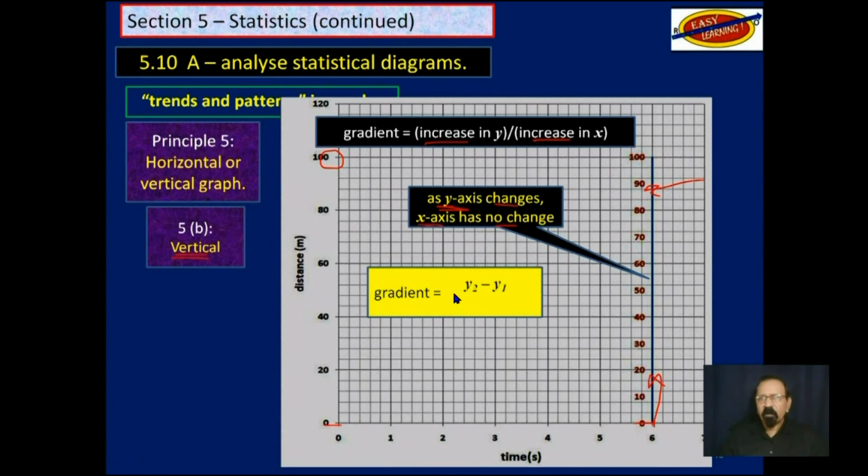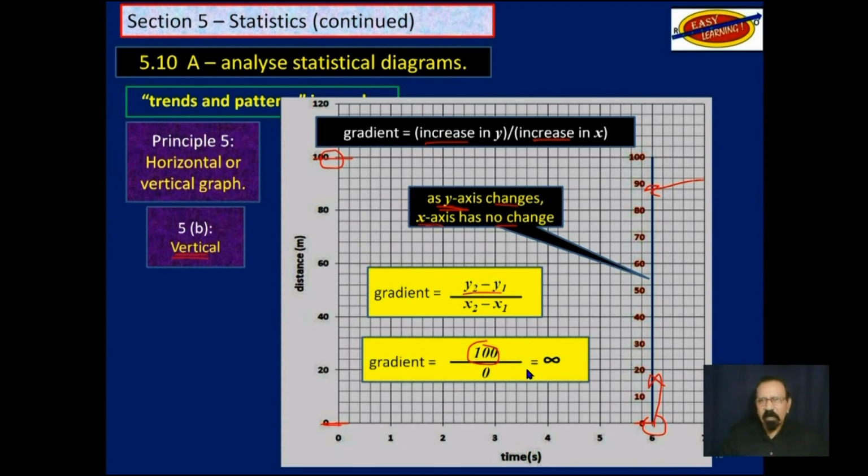So if we were to find the gradient, increase in y divided by increase in x, the increase in y is 100 from here to there, but the increase in x is 0 because you start at 6 and you end at 6. So how do you divide 100 by 0? And you learned a long time ago that you can't divide by 0. So what do you get?